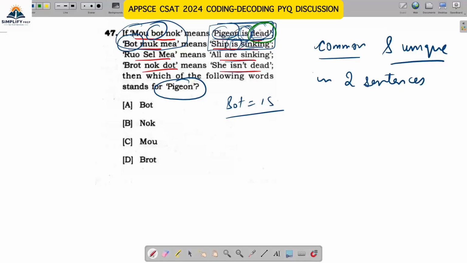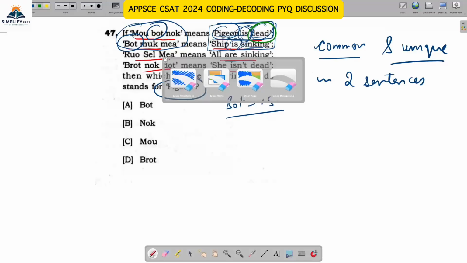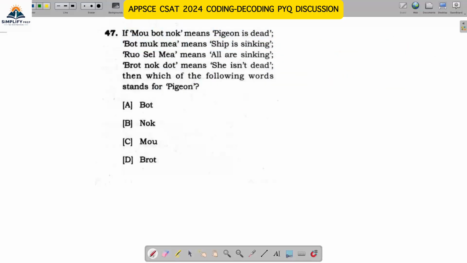ठीक है, I'm again clearing the annotations so you can get a clear picture. So now we have found out that bot is for is, है ना, ये तो हमें पता कर लिया. So now see, if this dead word is common in exactly two sentences with just one thing in common, like if I see the first and the fourth sentence, here only dead word is common, है ना.